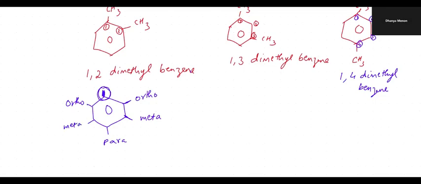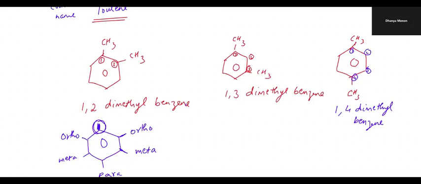So coming back to this again, 1,2-dimethyl benzene. This is also called ortho because this methyl with respect to this is in the ortho position. So ortho dimethyl benzene. This methyl with respect to this methyl is in meta position.